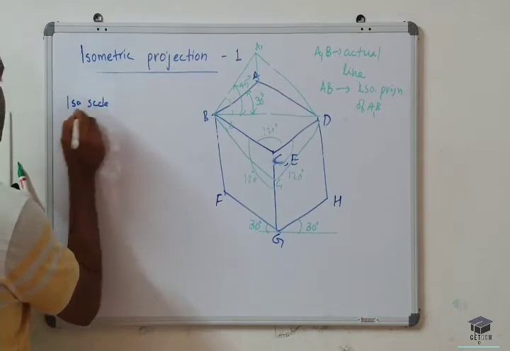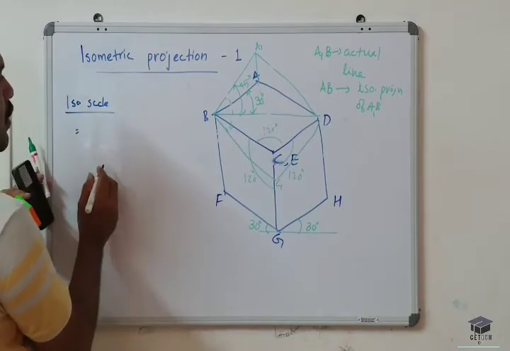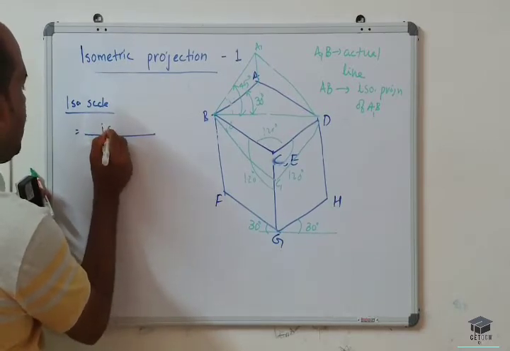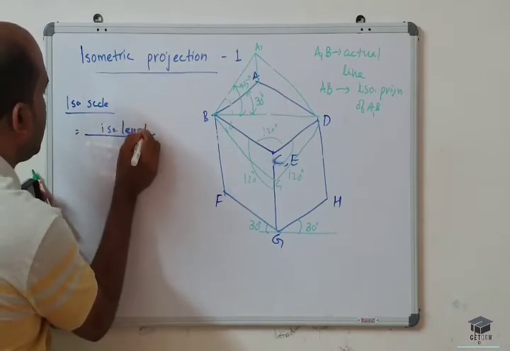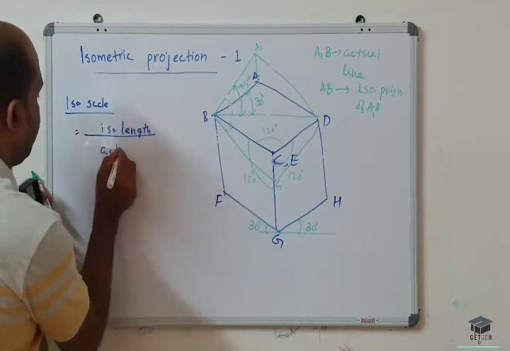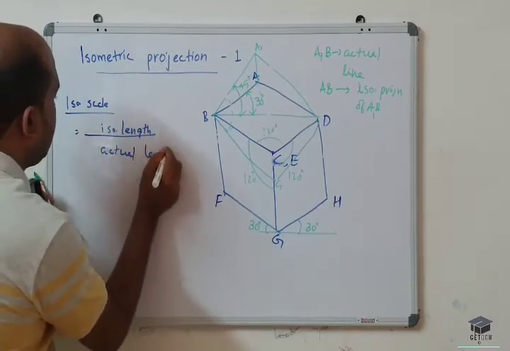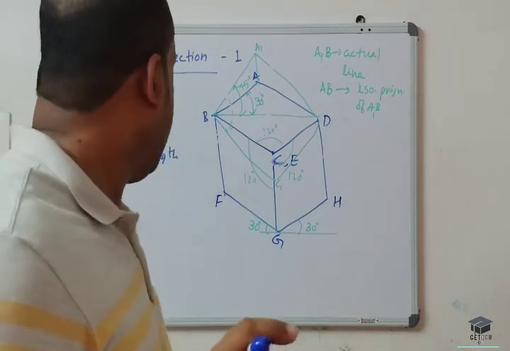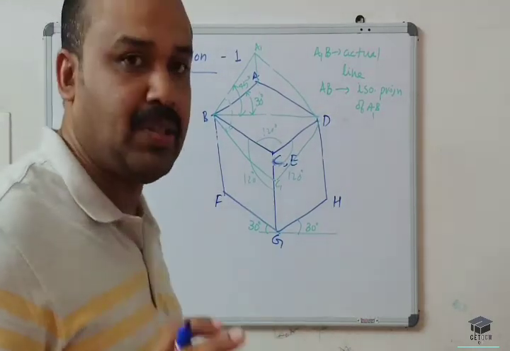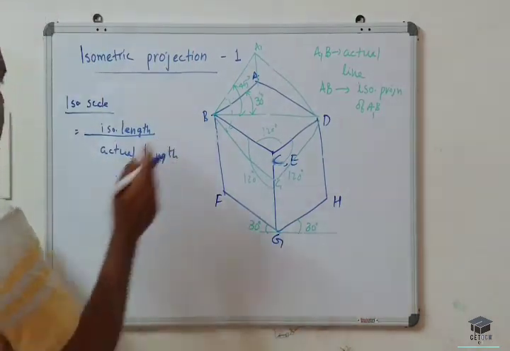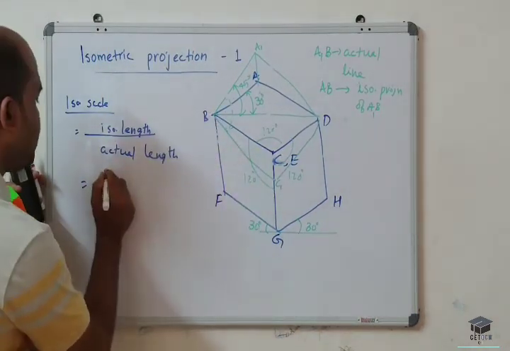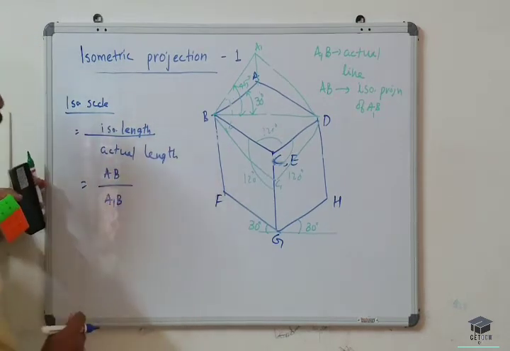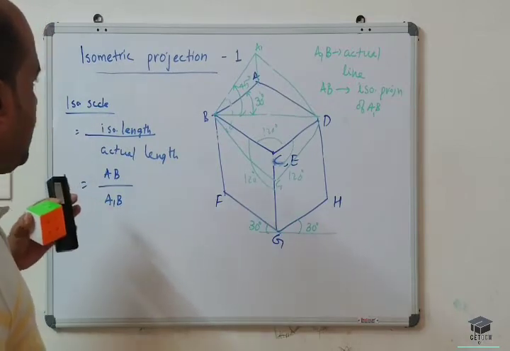It is the ratio between the isometric length and the actual length. From the diagram, it is the ratio between AB and A1B. That ratio is the isometric scale.